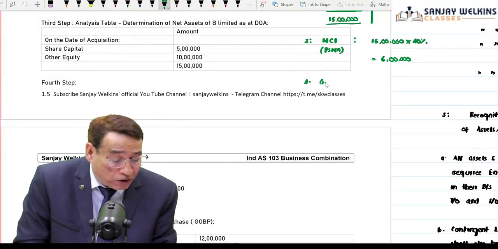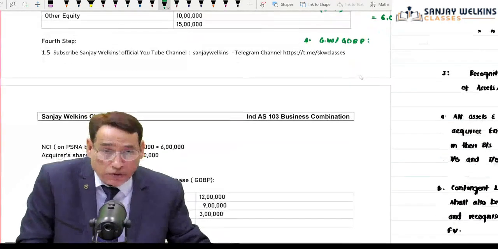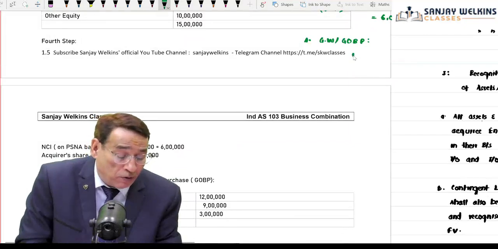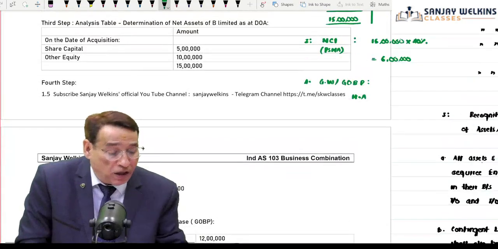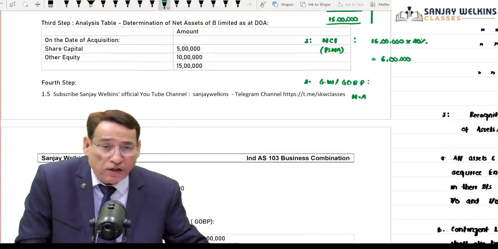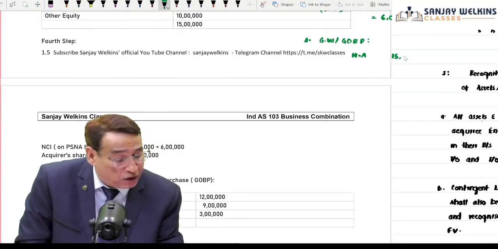Now, in order to determine the amount of goodwill or gain on bargain purchase, I told you what we are supposed to do. You simply take into account the net assets, meaning net assets of the acquiring company on the date of acquisition, which we computed earlier as 15 lakh.